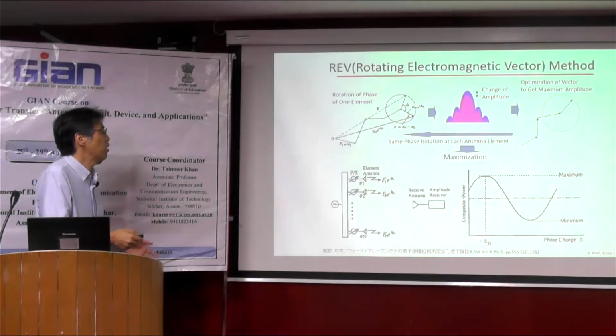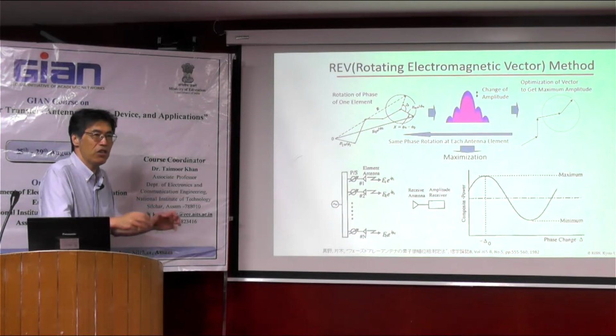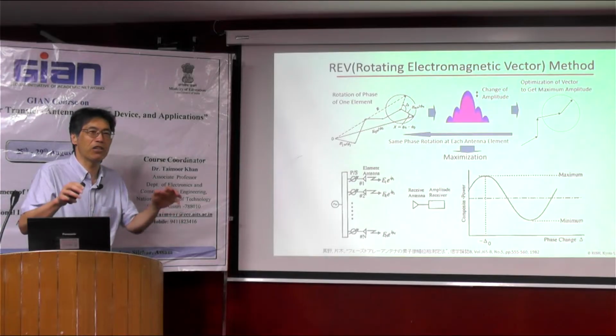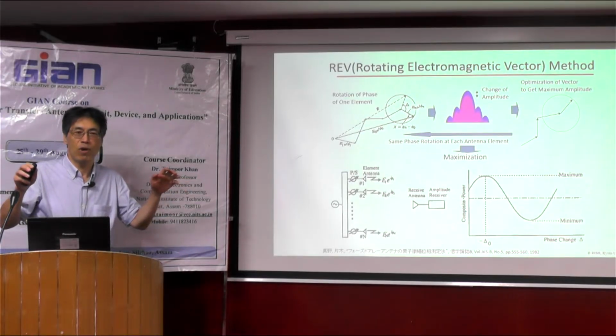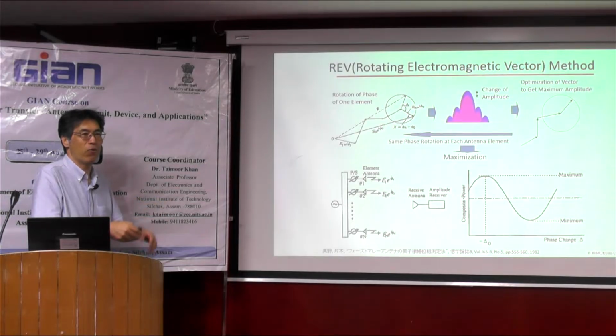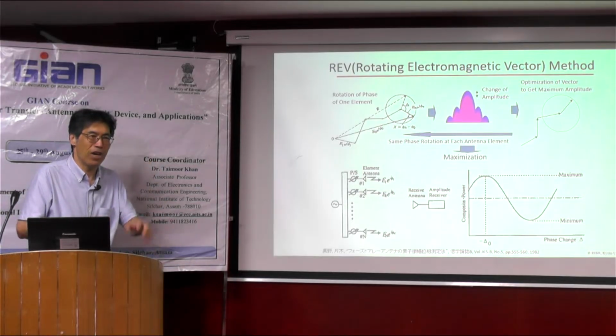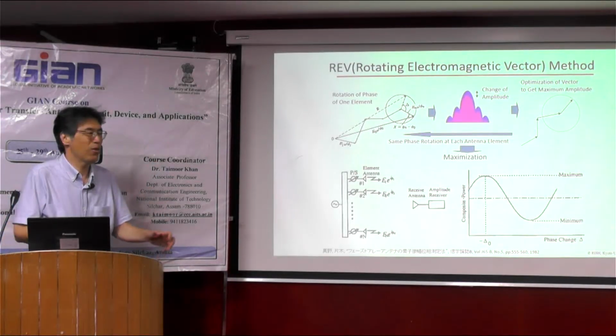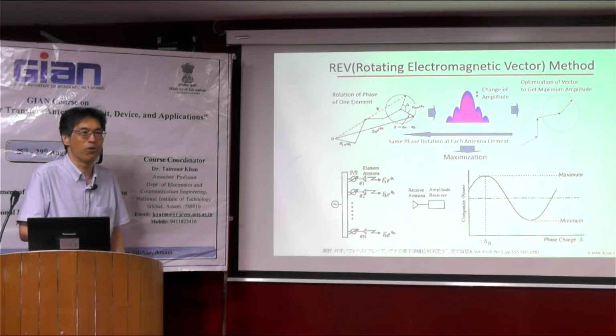But based on this theory, we have to rotate the phase in each antenna. If we have, for example, 100 antenna elements or 1,000 antenna elements, we have to rotate the phase 100 times, 1,000 times. So unfortunately, it's a very slow system.